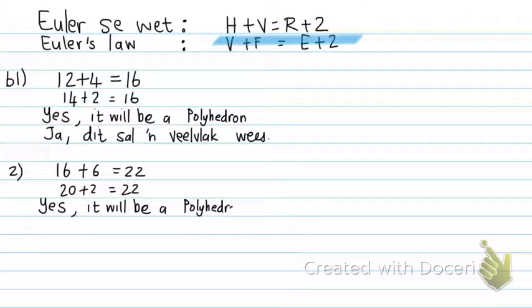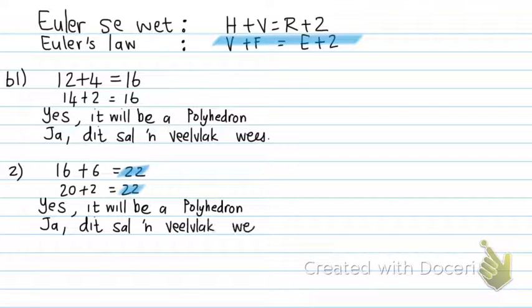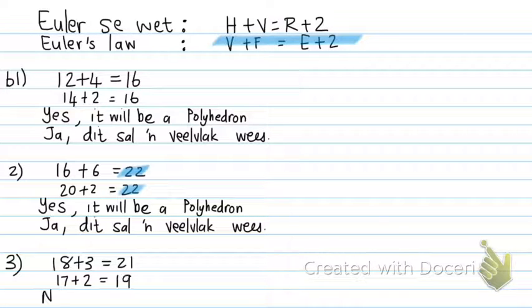So if I get the same answer for the vertices plus faces and the edges plus 2, then yes, it will be a polyhedron. The last one is 18 vertices and 3 faces, which gives me 21. Then they give me 17 edges. 17 plus 2 is 19. No, this will not be a polyhedron.